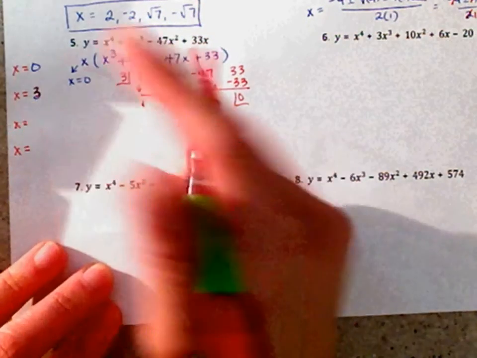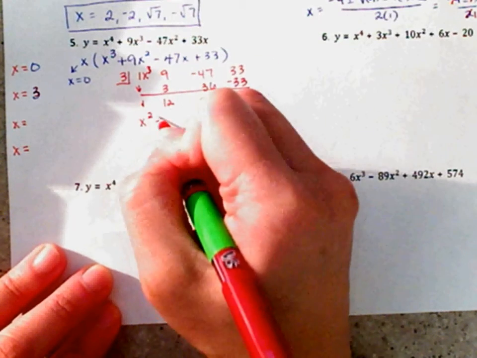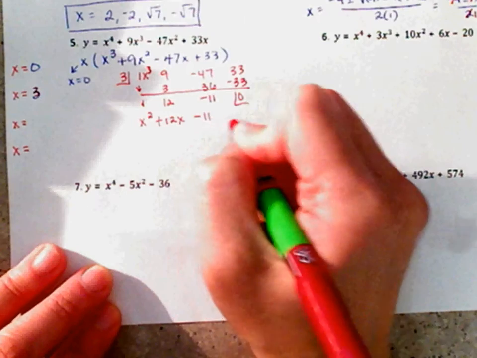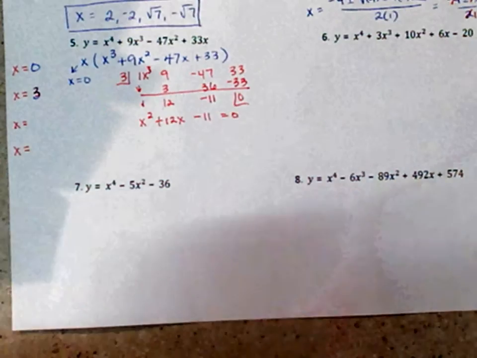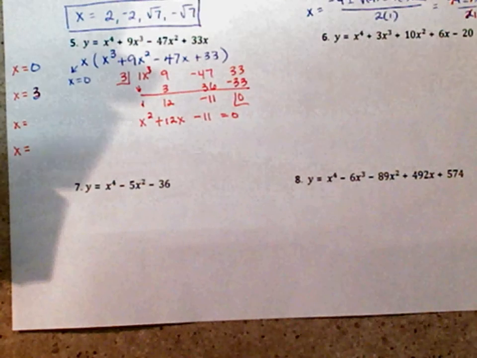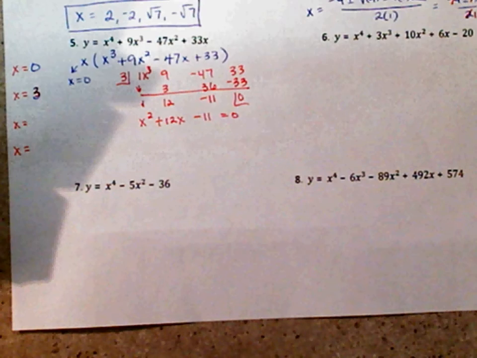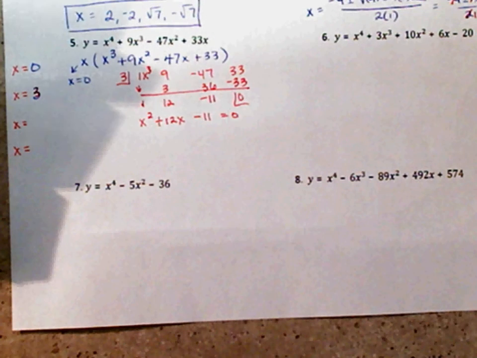This was x to the third, so now I have x squared plus 12x minus 11, all set to 0. Now think it through. Do you know two numbers that multiply to give you 11 and it's going to subtract to give you 12? You would think 11 and 1, but when you subtract 1 from 11, you get 10, not 12.